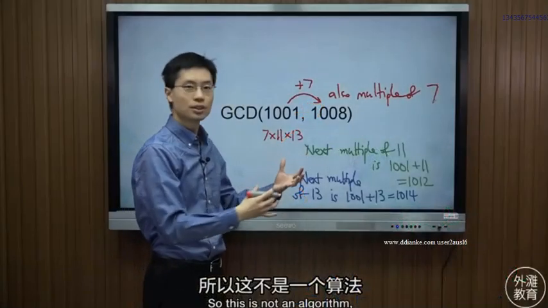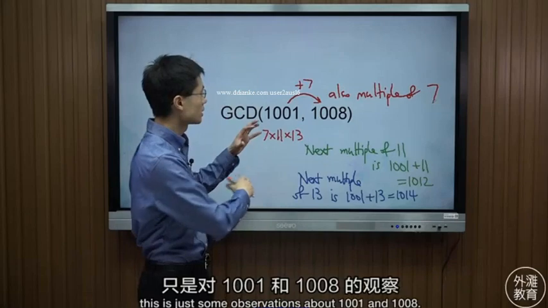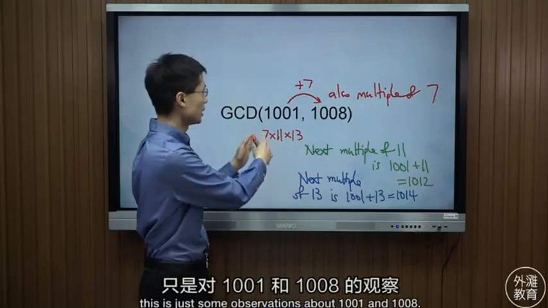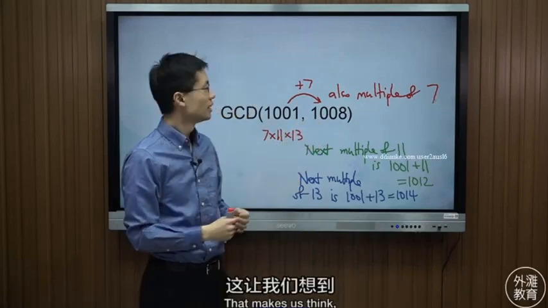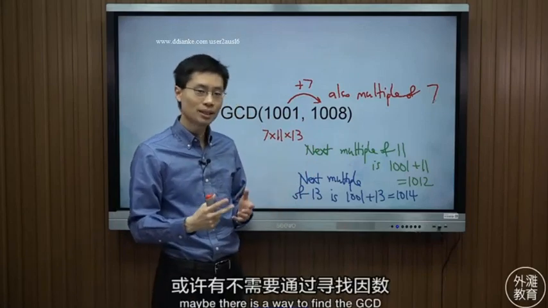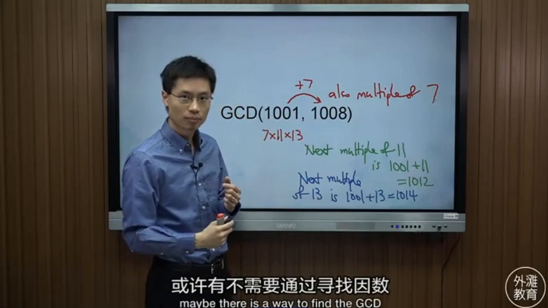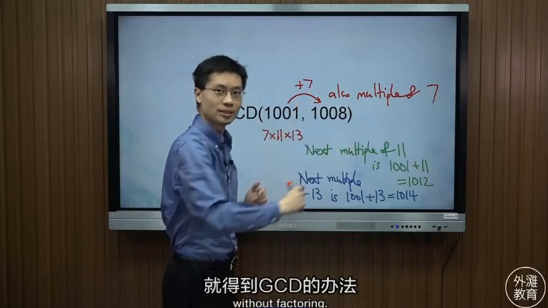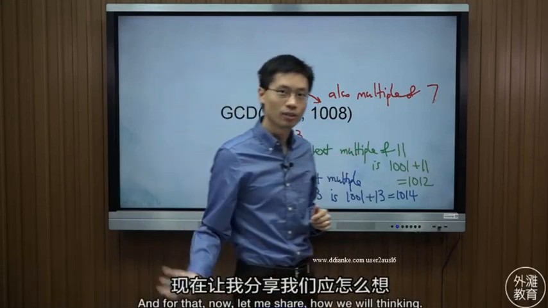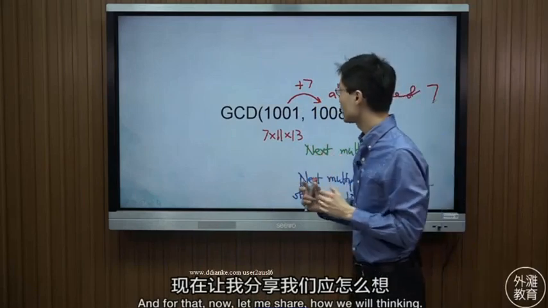So this is not an algorithm. This is just some observations about 1001 and 1008 that make us think maybe there's a way to find the GCD without factoring. And for that, now, let me share how we were thinking.